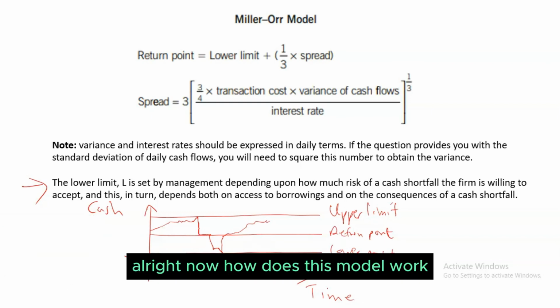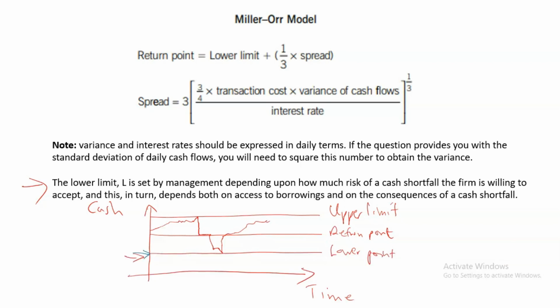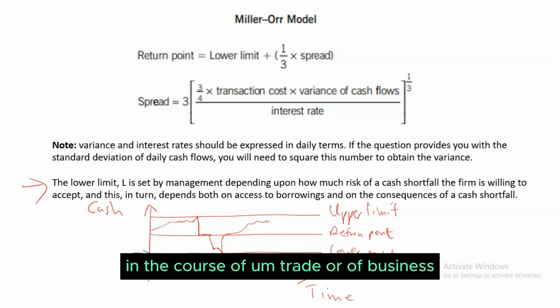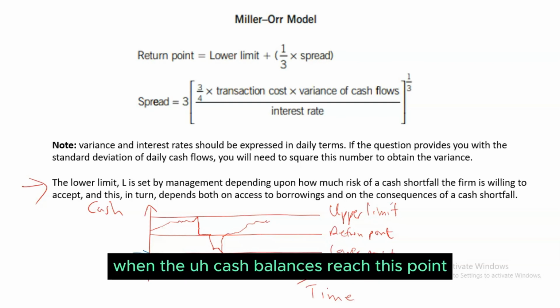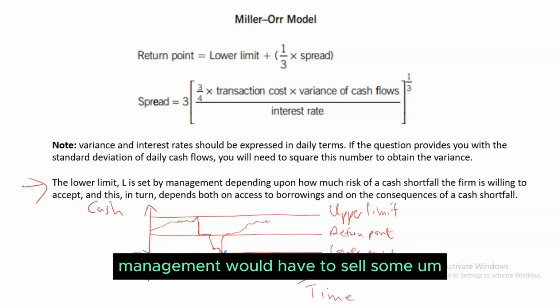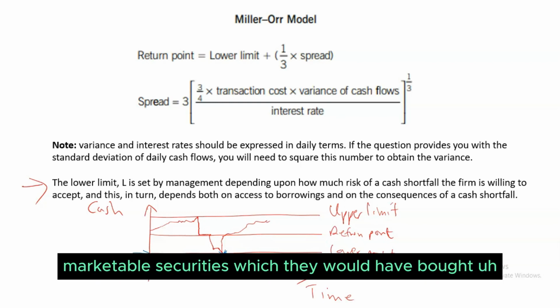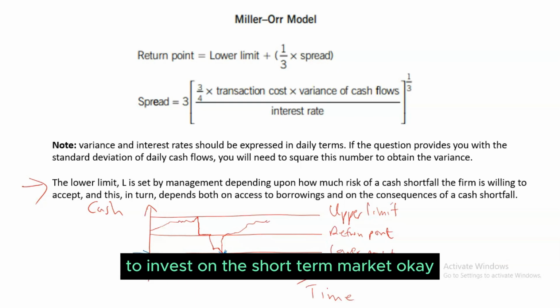Now, how does this model work? The idea is that management would set a lower point, like for example this point, which means in the course of trade or business, when the cash balances reach this point, management would have to sell some marketable securities which they would have bought to invest on the short-term market.